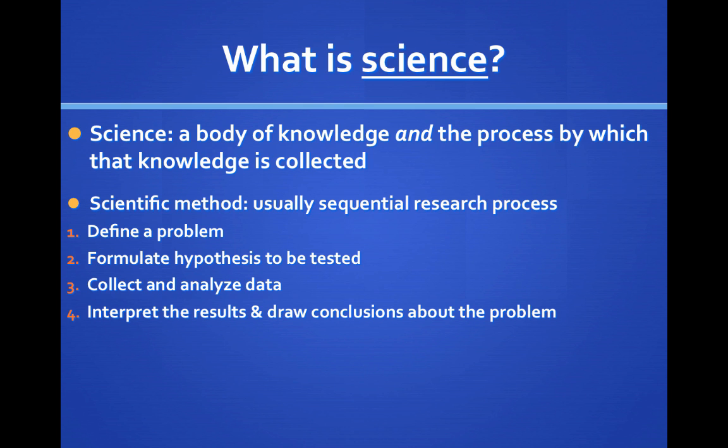So the typical steps of that process, which you probably are already familiar with from other science courses you've taken, even in elementary school, I think science classes cover the scientific method. But basically that's listed there on the screen. And that is the process that we're going to follow in this course as well.